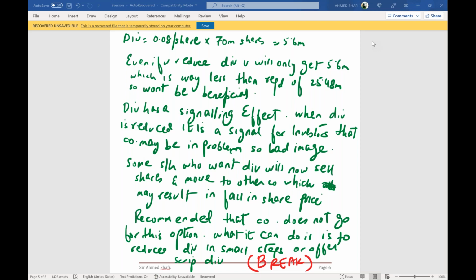A rights issue increases the number of shares, that's why we increase, but loan notes don't increase it.